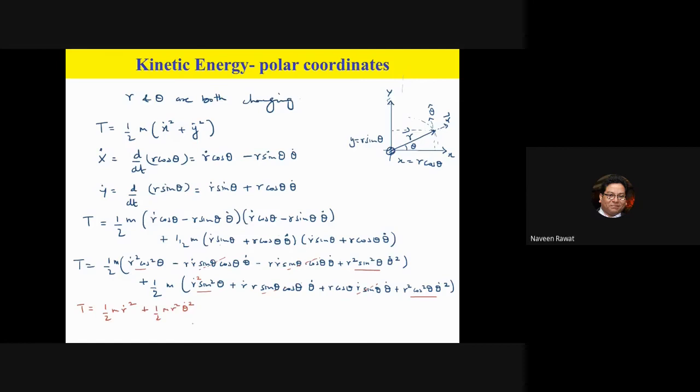I have only two terms remaining. So my expression for the kinetic energy in polar coordinates becomes 1/2 m, as m is constant, times r dot square plus r square theta dot square. This is my expression for kinetic energy in polar coordinates.